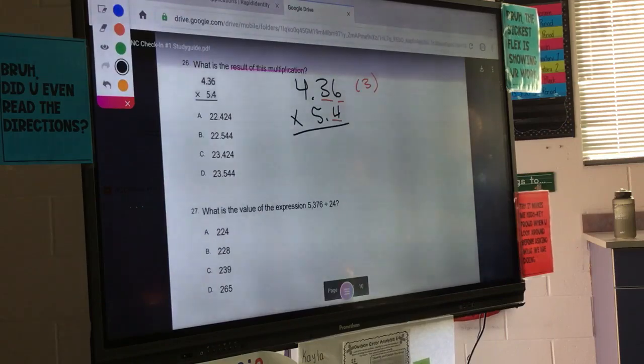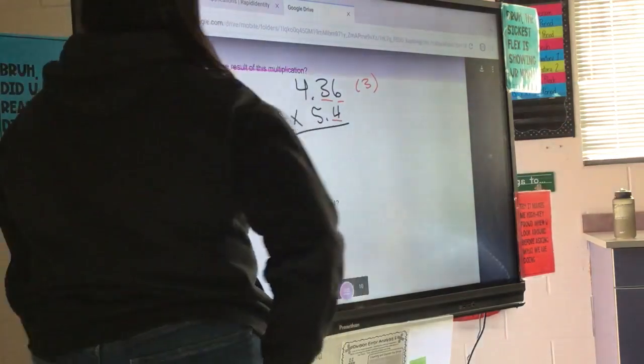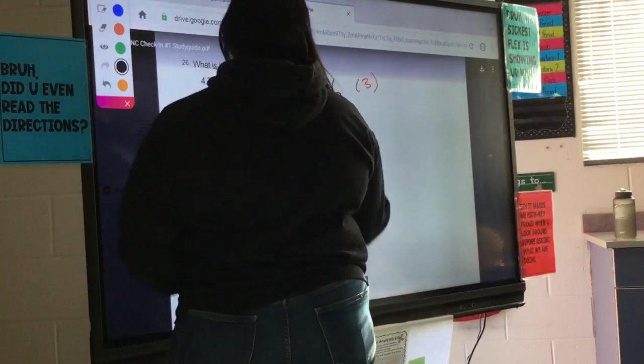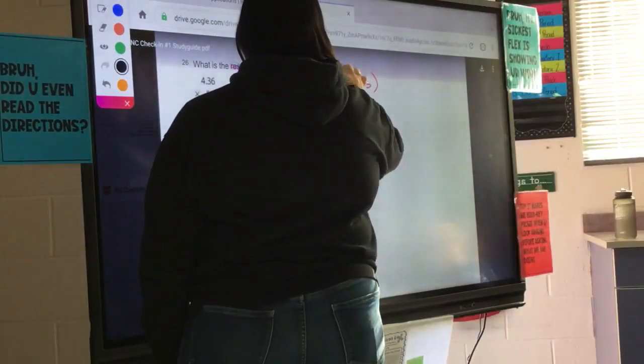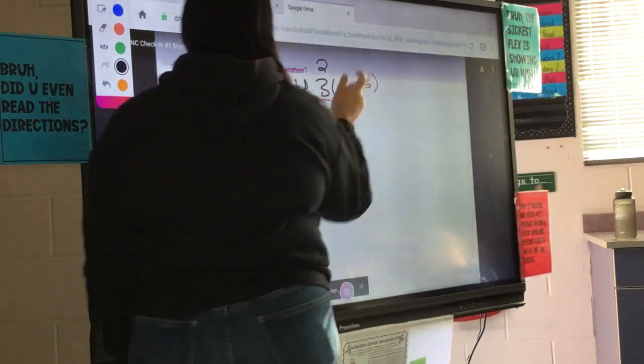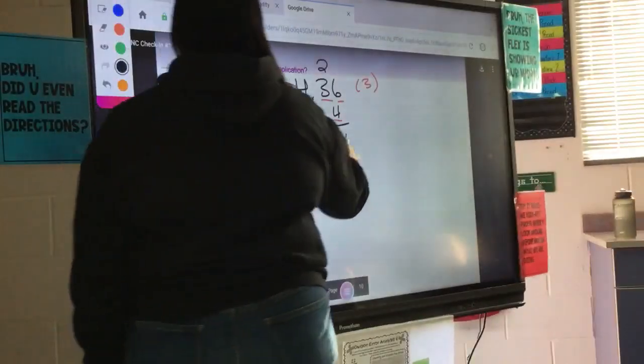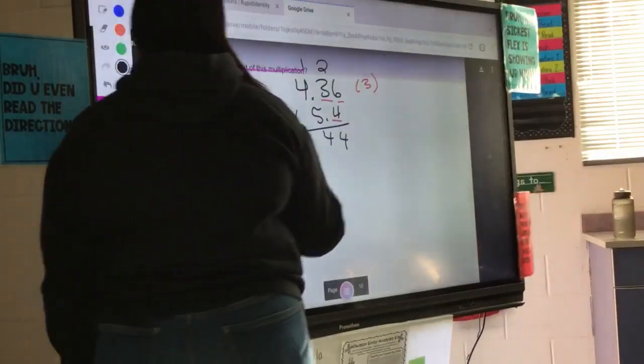All right, let's go ahead and go over this. So, when you do your multiplication, what is 6 times 4? 24. What is 4 times 3? 12, plus 2, 14. What is 4 times 4? 16, plus 1, 17. For my placeholder, what's 5 times 6? 30.